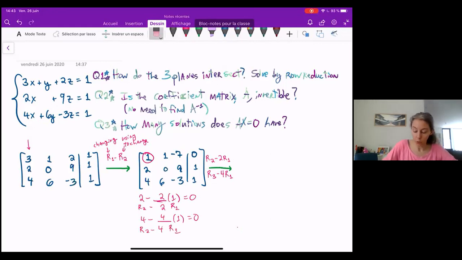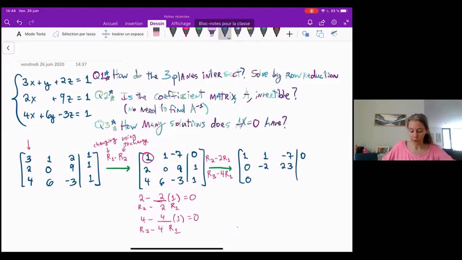All right, so now I have made zeros on purpose. I am not changing my first row. I just wrote an extra 1 there. 1, 1, negative 7, 0. So then I'm doing 0 minus 2 times 1, that gives me a negative 2. 9 minus 2 times negative 7, that gives me a positive 23.